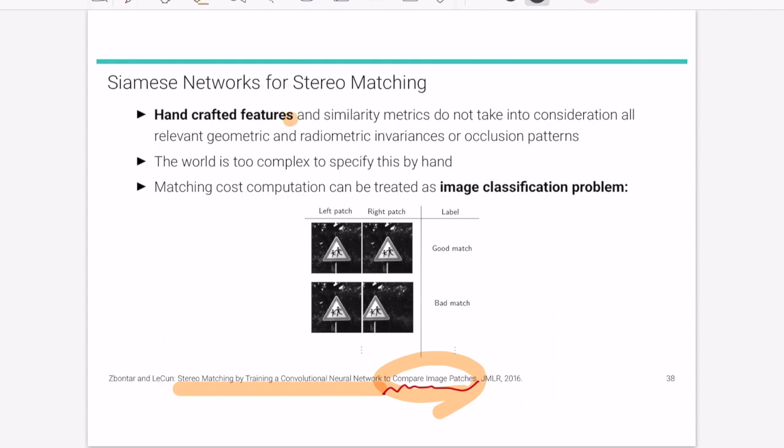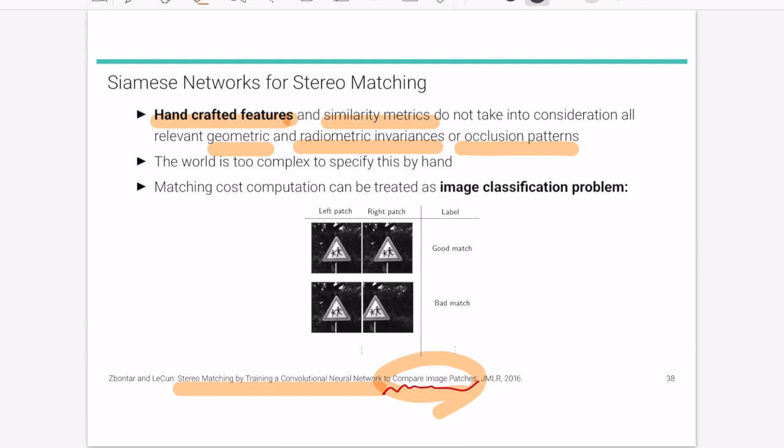Other handcrafted features or similarity metrics like ZNCC or SSD do not take into consideration all relevant geometry or radiometry invariance or Euclidean patterns. Of course, we can give some invariance to geometric or photometric deformation, but it's really hard to design for all kinds of deformation by hand.